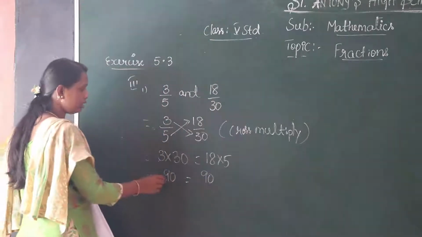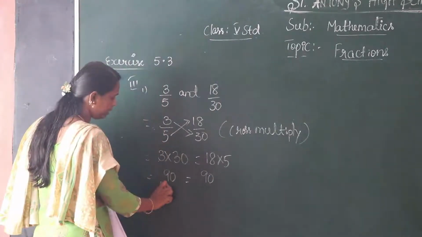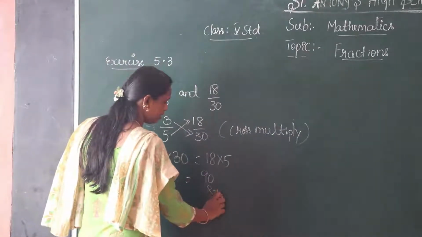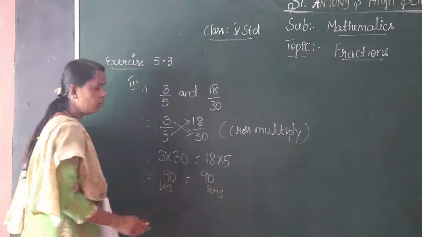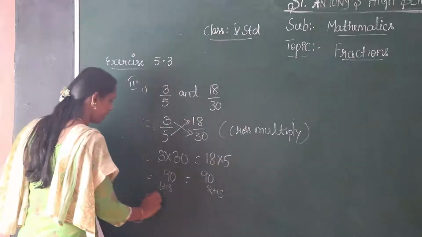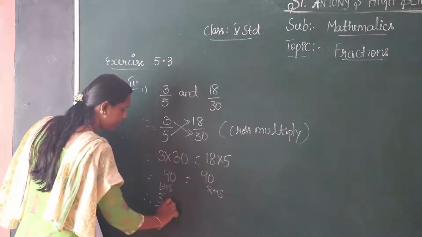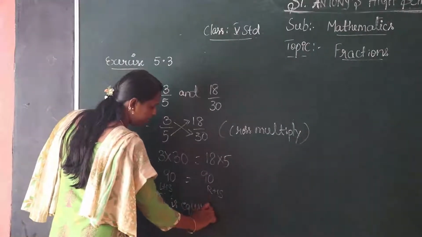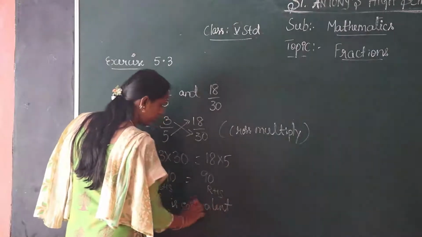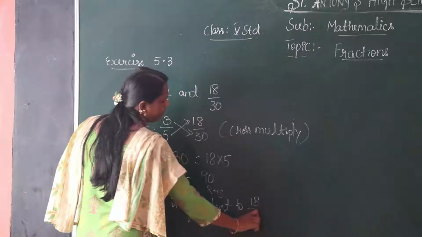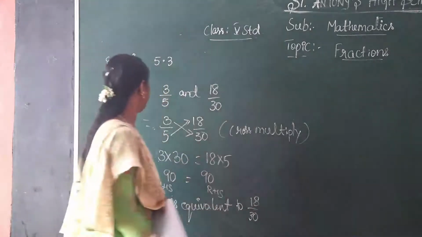So here both LHS, meaning left hand side, and RHS, right hand side, are equal. Therefore the given fraction 3 by 5 is equivalent to 18 by 30.